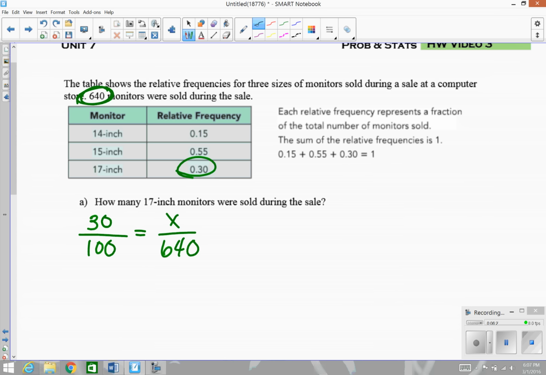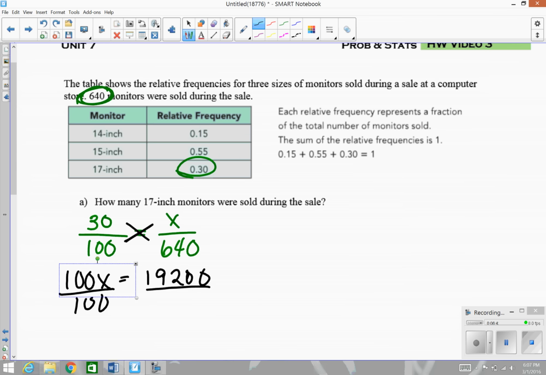When we cross multiply, 100 times x is 100x. And then we have 30 times 640, 19,200. Divide both sides by 100, and x equals 192 17-inch monitors.